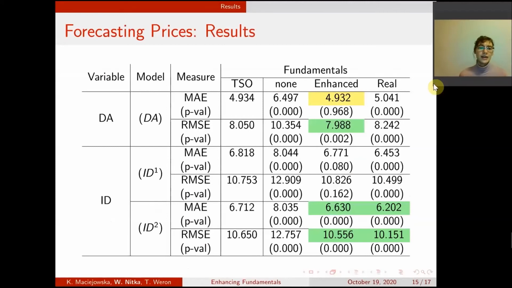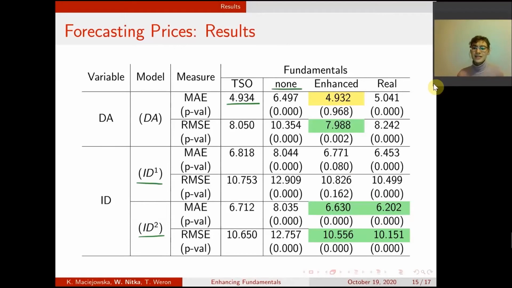Here we have the table with the results for both markets and all three models, because we had 3 different models for the intraday market. We compare both error measures for the TSO forecasts and 3 approaches for the models.